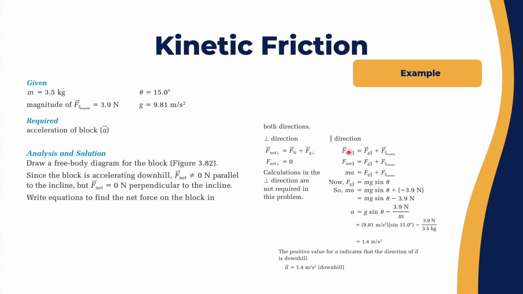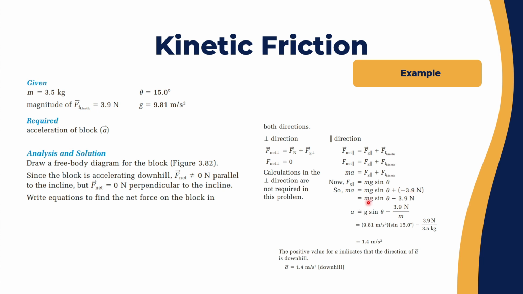For the parallel direction, you have the F net parallel equals the F gravitation parallel plus the kinetic friction force. F net can be replaced as mass times acceleration. Fg parallel would be mg sine theta. So mass times acceleration equals mg sine theta minus the 3.9 newtons of kinetic friction force.